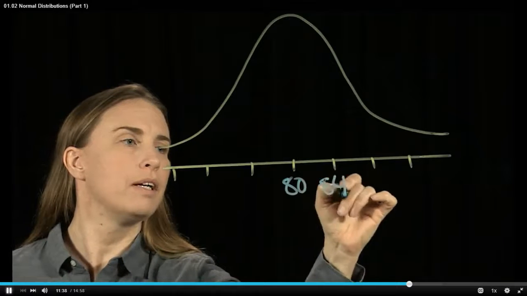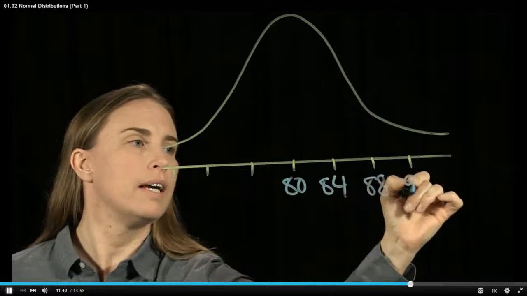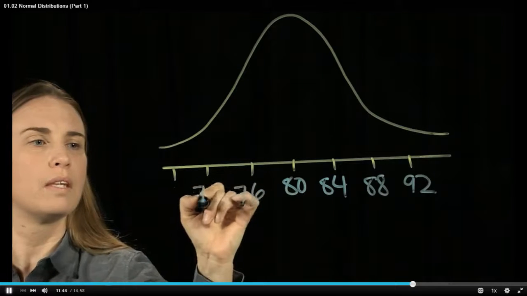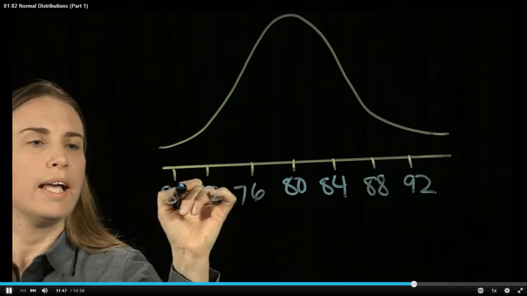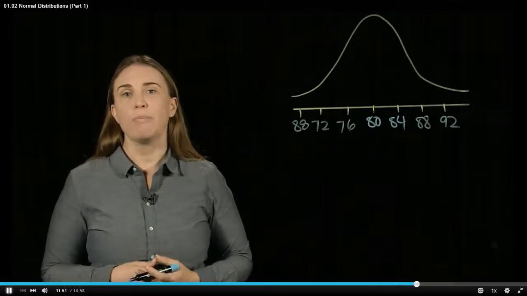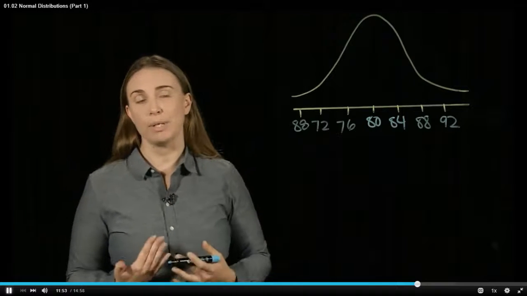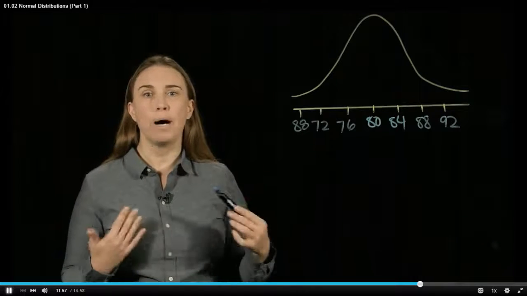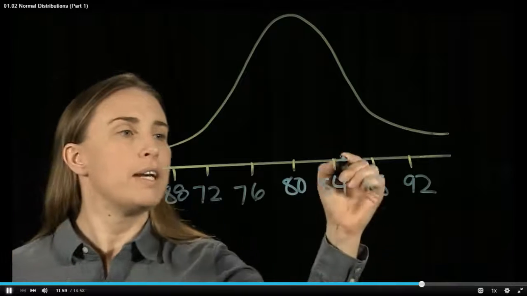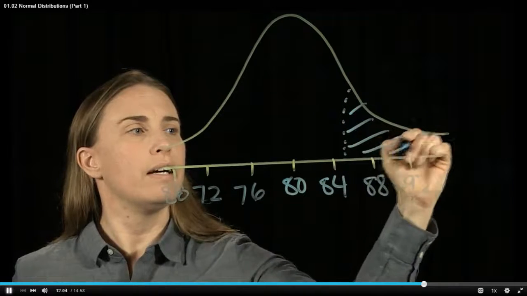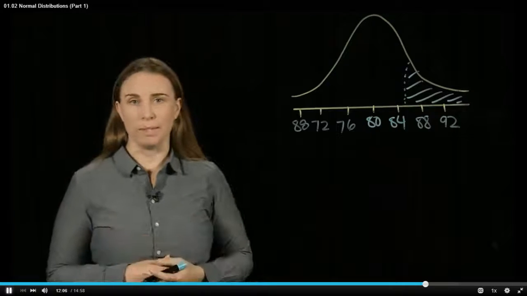So we have 84, 88, and 92 in one direction, then 76, 72, and 68 in the other direction. Now, we want to find the probability of scoring an 85% or higher, so we want the area under the curve above the score of 85. So 85 would be about here, and we're looking for the area under the curve above that amount.